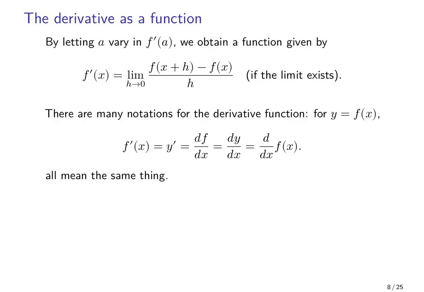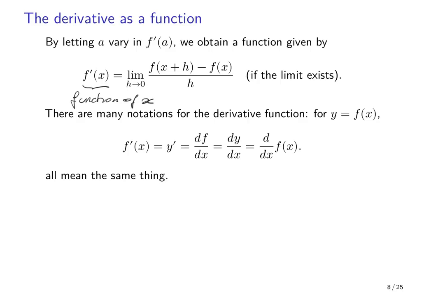So we're going to replace a by x, just a notational change, and we're going to write f prime of x to emphasize that it is a function of x. So here now we have a function of x. What does that function do? For every x, it gives you the derivative at that value x.